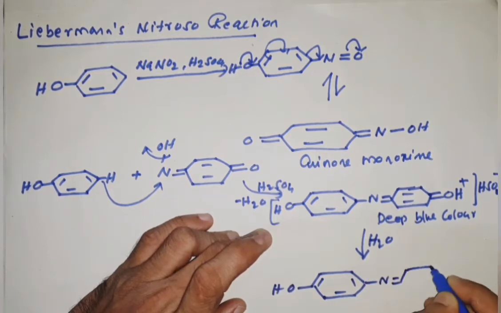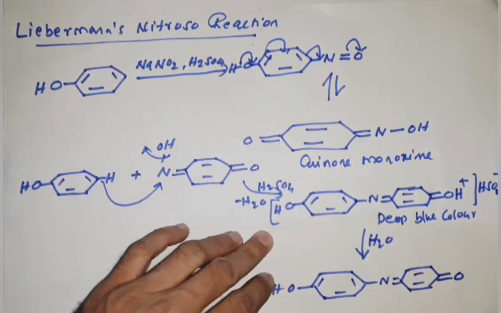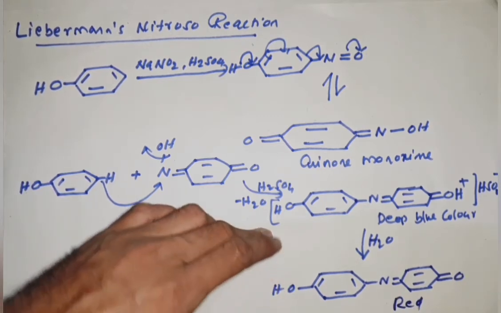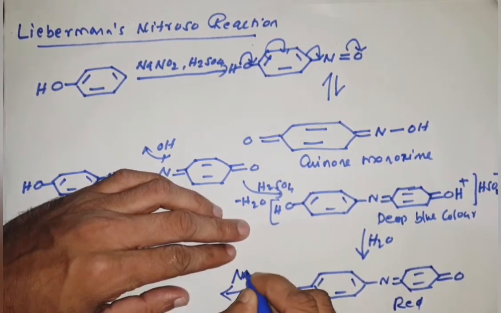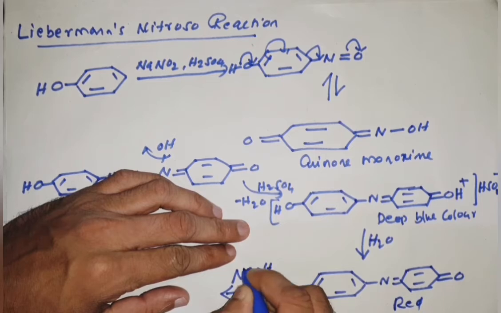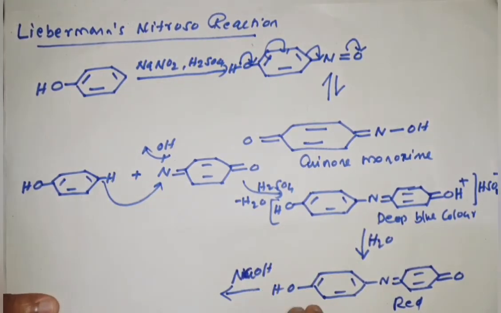It turns to red color. Then when we add sodium hydroxide for basification, we get the sodium salt of this compound, that is, this indophenol.